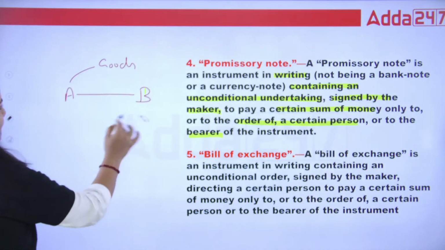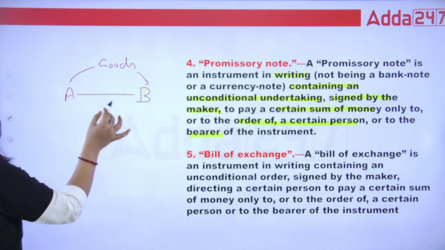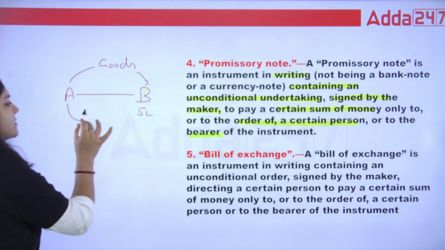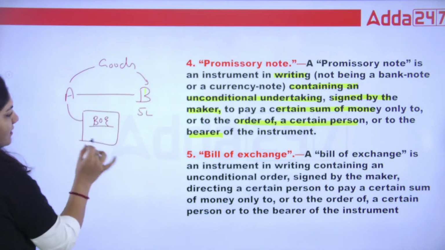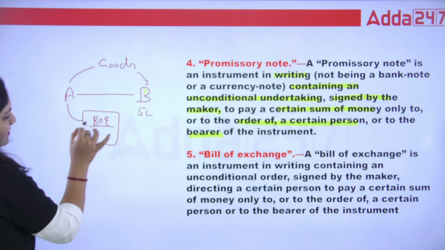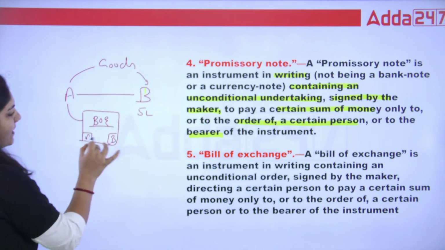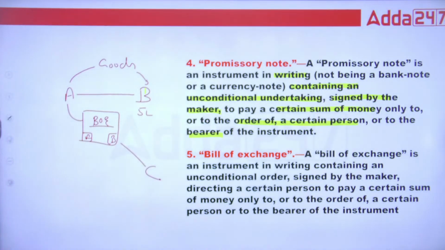In the same example, when B has to give 5 lakh rupees, now A will make a document. This is called a bill of exchange, in which the name is written; after writing, A will sign, then B will sign here, and then it will go to person C. So in a bill of exchange, guys, 3 persons are there.